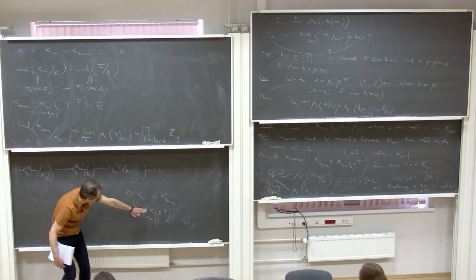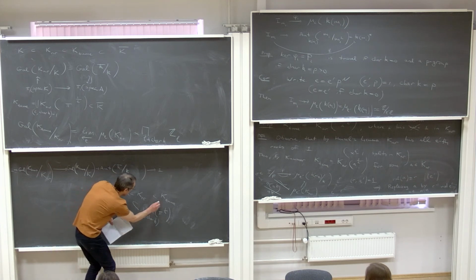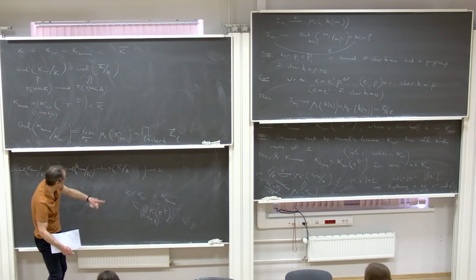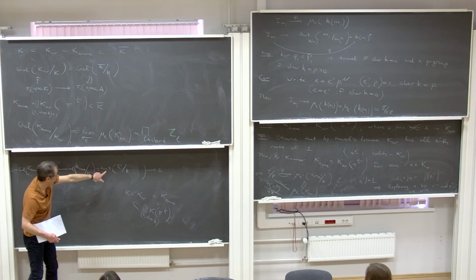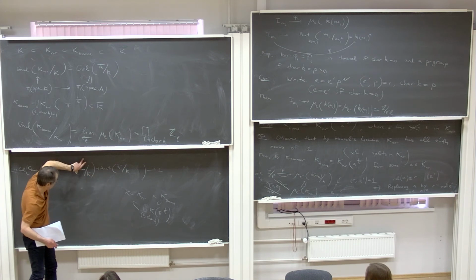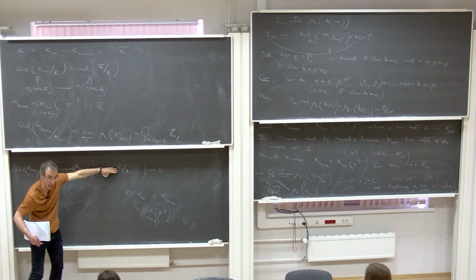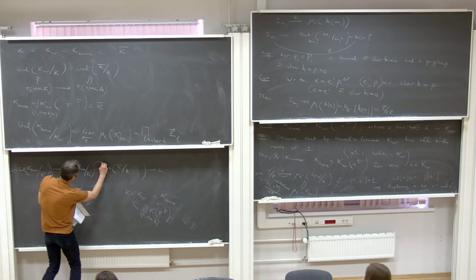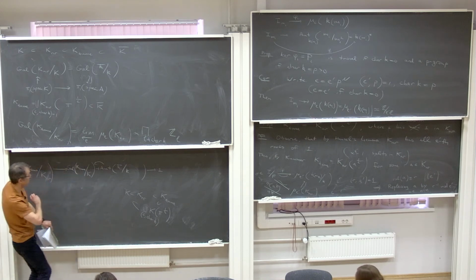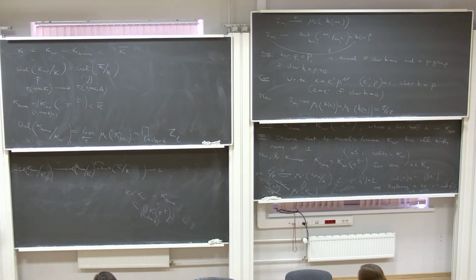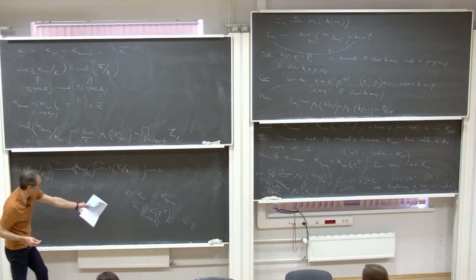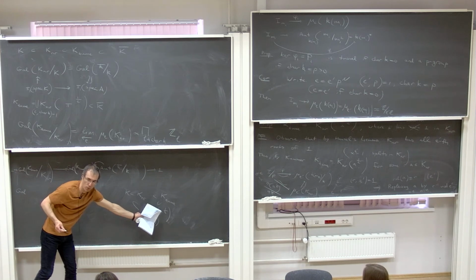So this subfield here defines, by Galois theory, a subgroup which need not be normal, but it projects isomorphically. So it defines a section, right? Which identifies this Galois group. This identification is non-canonical because it depends on the choice of roots of the uniformizer.